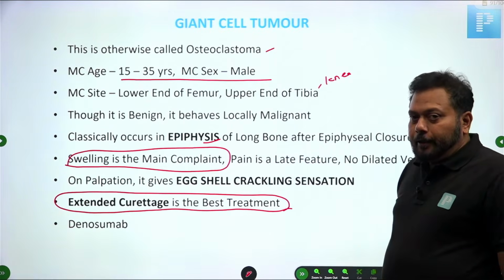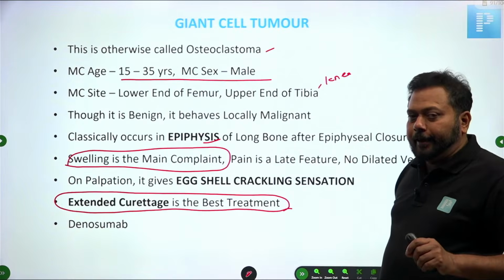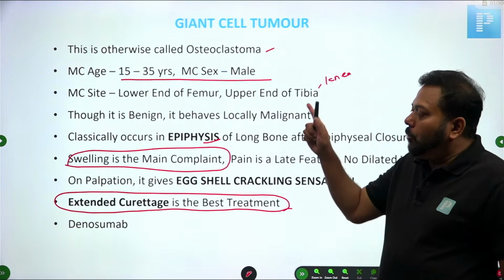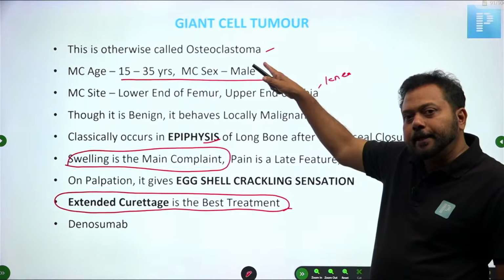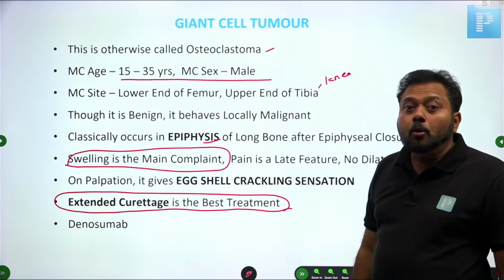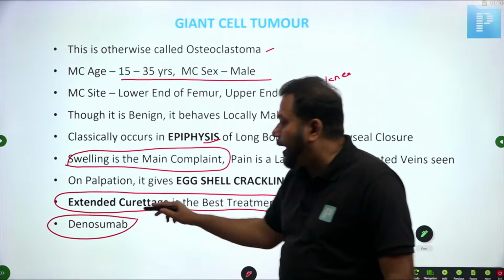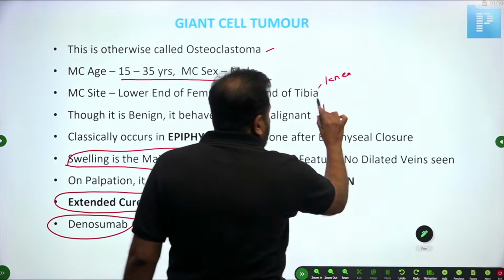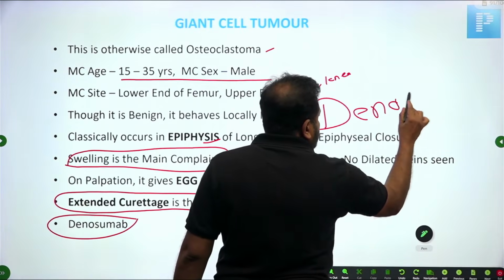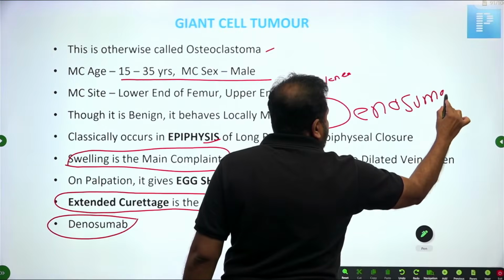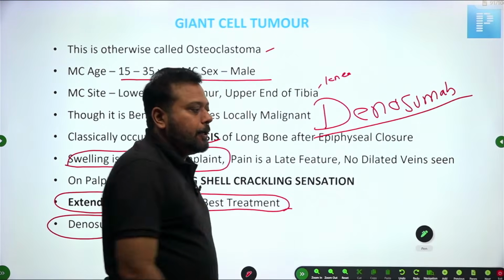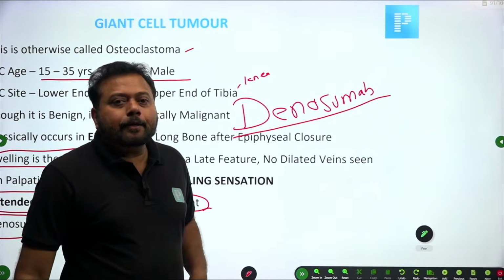Now, if they ask what is the drug of choice for giant cell tumor, it is denosumab. Very, very important question, highly expected question. What is denosumab?